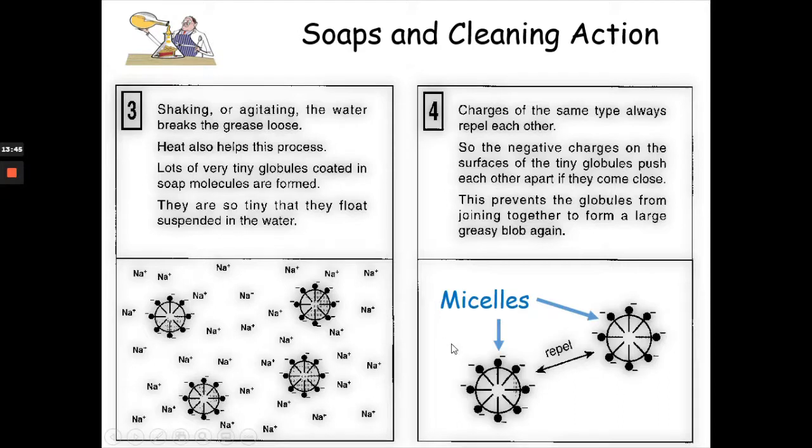Even if we didn't have any grease, you probably know that soap does appear to dissolve in water, and that's because even without any grease, the soap molecules can form these little micelles which can then be suspended in the water.